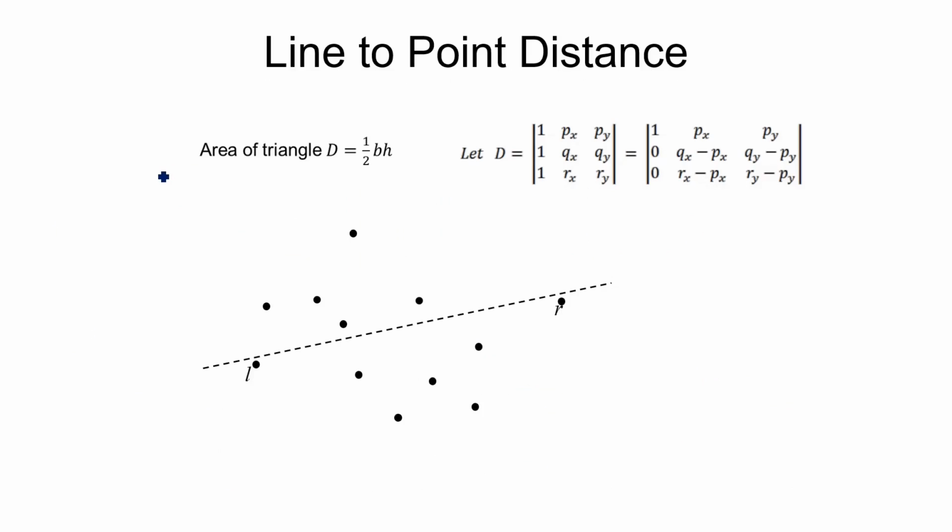To follow the Quickhull algorithm, we need to know the distance of a point from a line. So we can use the determinant again. We know that the area of a triangle is equal to half into base into height. Now suppose we need to find the height of these points from this line.